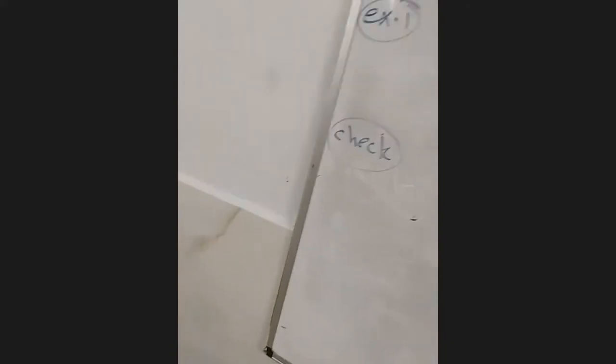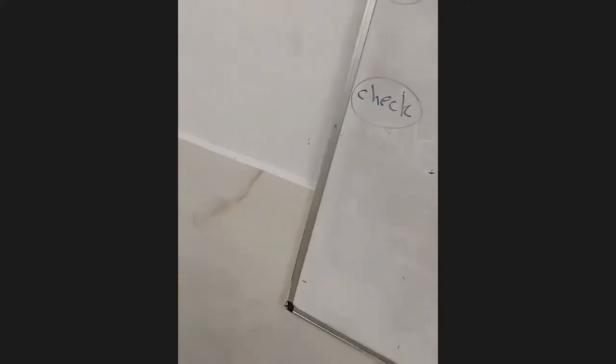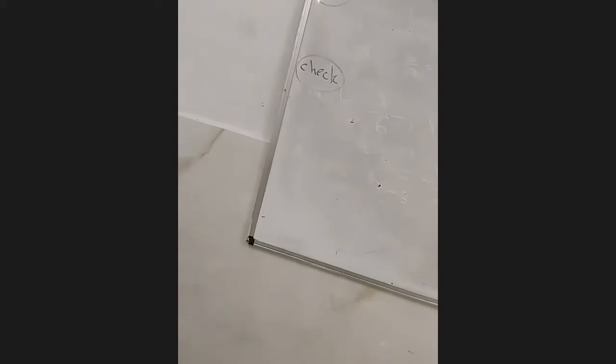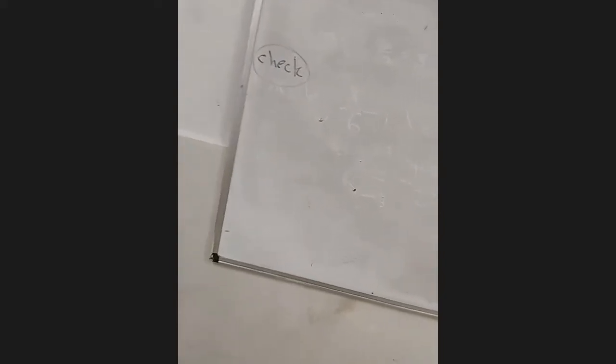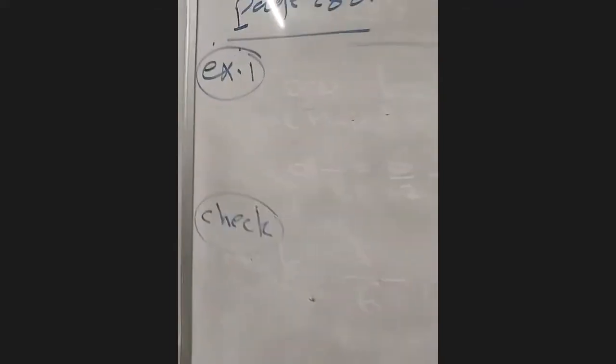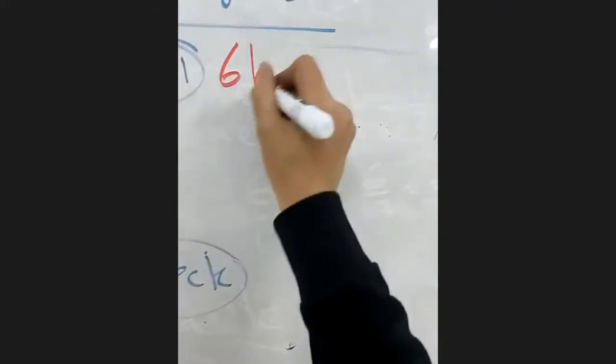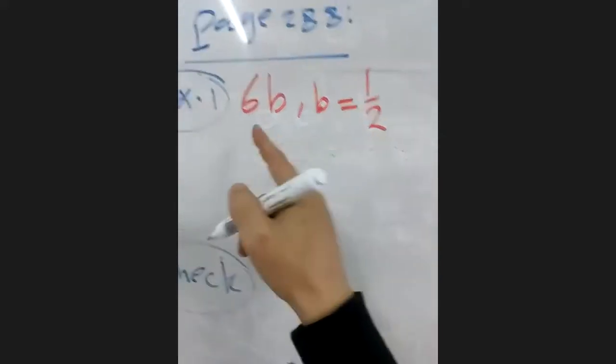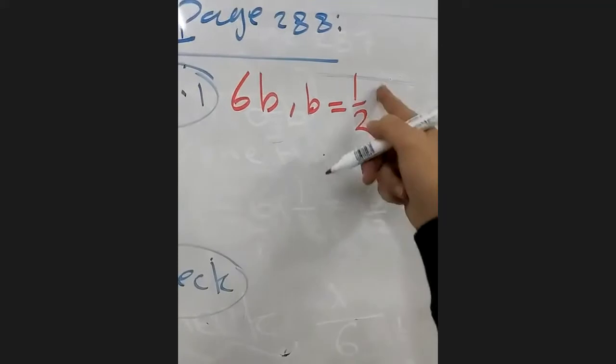So in example 1 we have: evaluate the expression 6b when b equals half. So I'm on page 288, guys. Example 1 says evaluate the expression 6b, comma, when b equals 1 over 2.